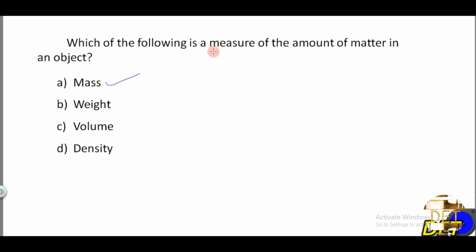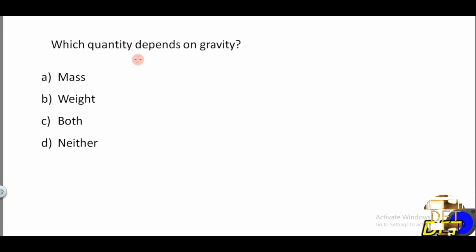Mass is a measure of the amount of matter in an object. That is just the simple definition of mass. So if I ask you what is mass, you should be able to tell me that mass is a measure of the amount of matter in an object.